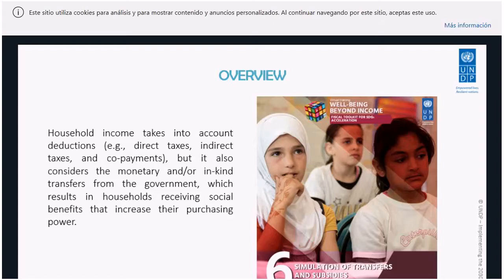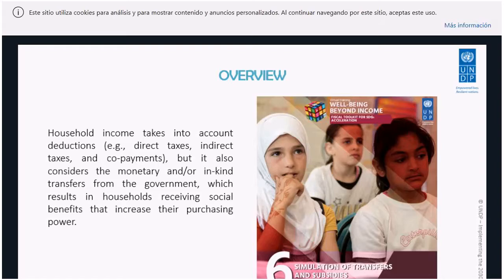But it is a crucial component of your monetary well-being, something that you don't see and don't take into account most of the time, that accounts for an important share of your well-being. And that could be approximated, not in terms of poverty.